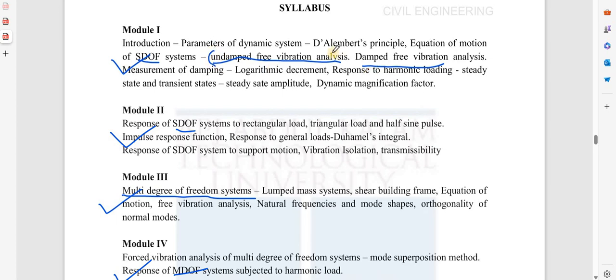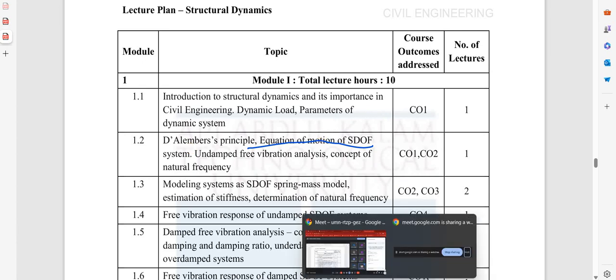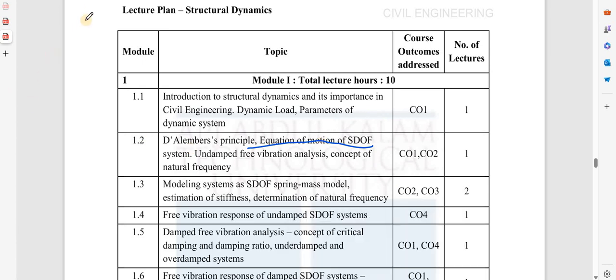So today I am ending this class with this. SDOF system and MDOF system are there, and we have just understood how to formulate the equation of motion. Here you can see the equation of motion of an SDOF system. The other things we will discuss in the next class.